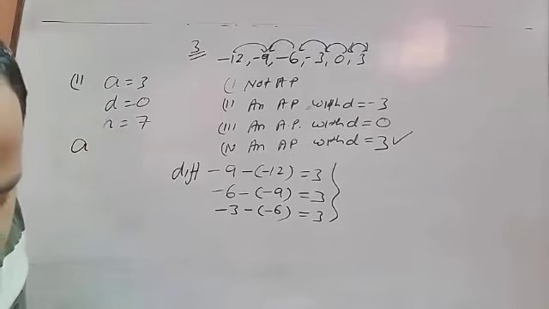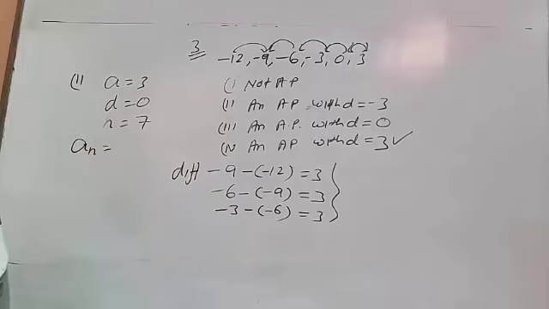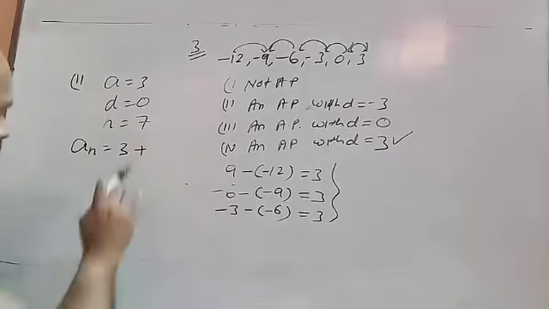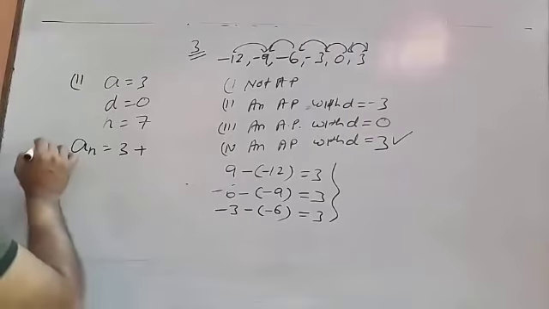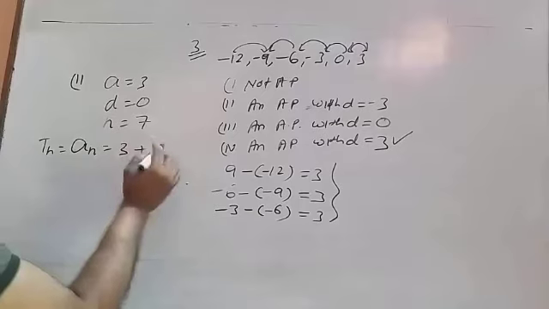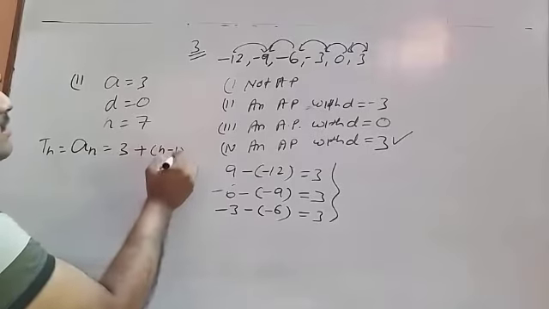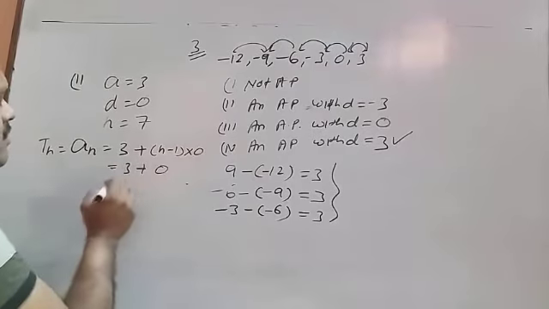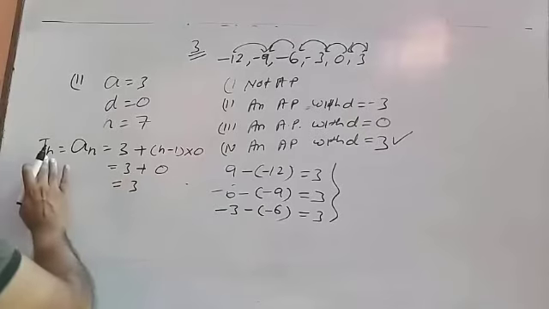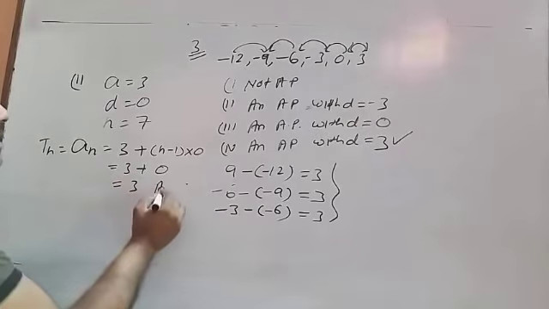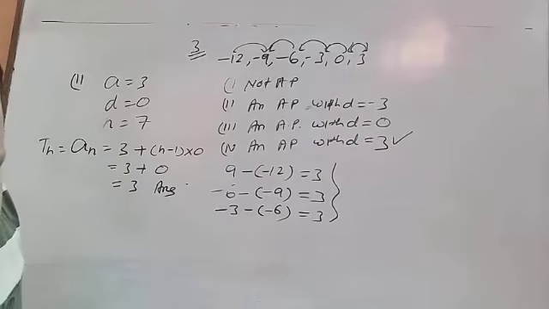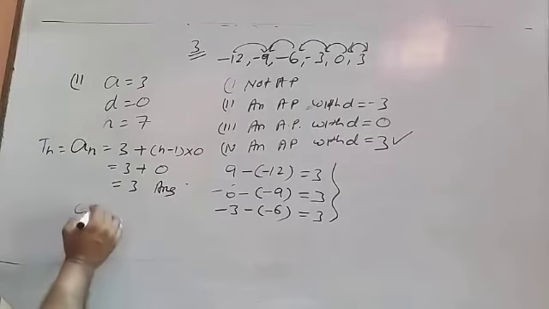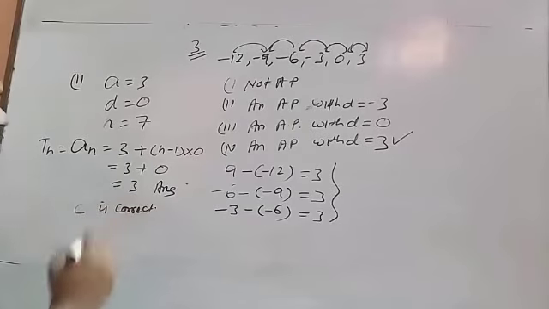So AN will be 3 plus, using the formula, AN means TN, my dear students, A plus (N minus 1) into 0, 3 plus 0, 3. So TN or AN will be 3. Which part is correct? C part is correct. So for the second one, C is correct. Next question.